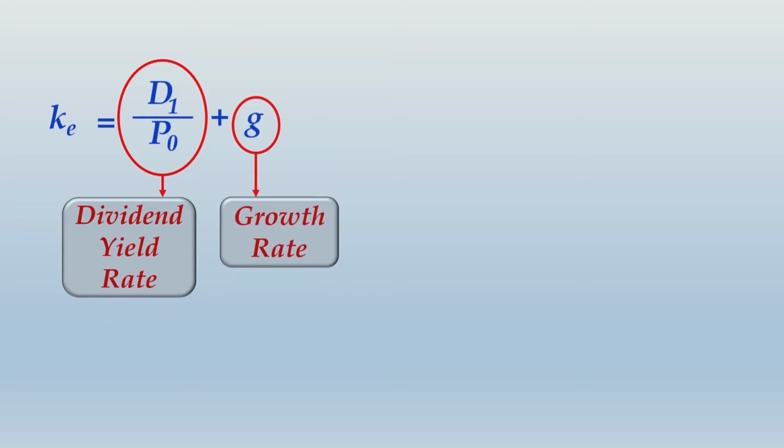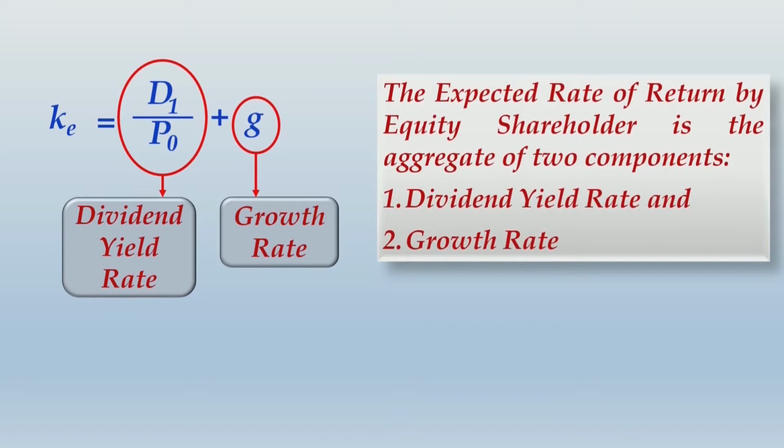So do you identify that Ke in this formula is the aggregate of dividend yield rate plus growth rate? This is also something I would want you to write, that the expected rate of return by an equity shareholder is the aggregate of two components. One is the dividend yield rate and one is what we call the growth rate.